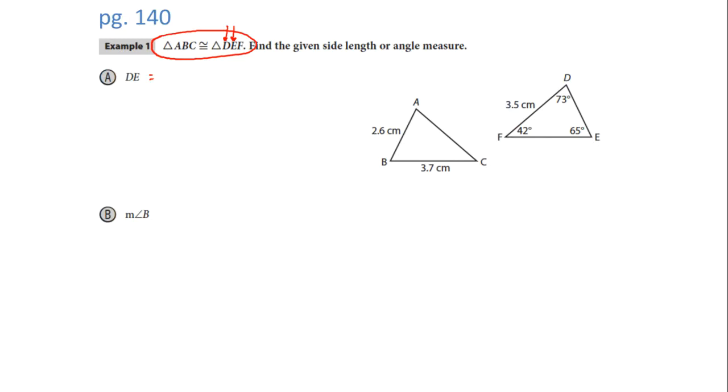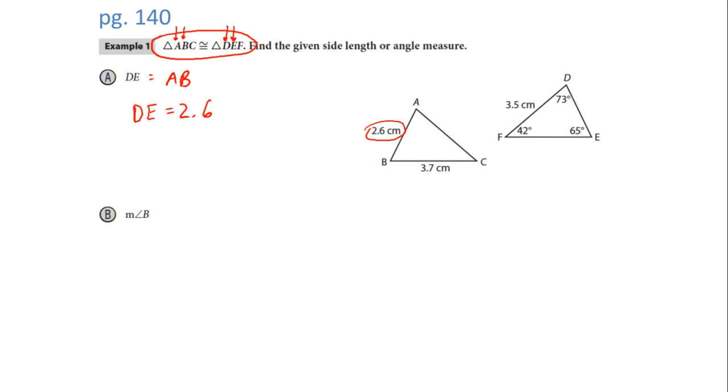So that's going to be equal to the first 2 letters over here, which would be AB. And DE is equal to AB, because DE shows up in the name of its shape in the same place that AB shows up in its. And then I'm going to look at the picture. Oh, look, AB is 2.6. So I guess that means that DE is also 2.6 centimeters. Right? Congruent means the same in every way, same size, same shape.